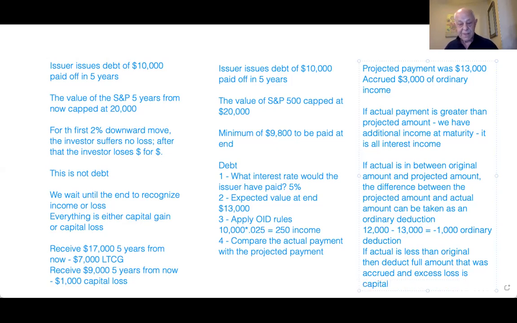So if we receive $9,800, and I'm going to do it on this line because otherwise I'm going to run out of room, if we receive $9,800, we're going to have a $3,000 ordinary loss.